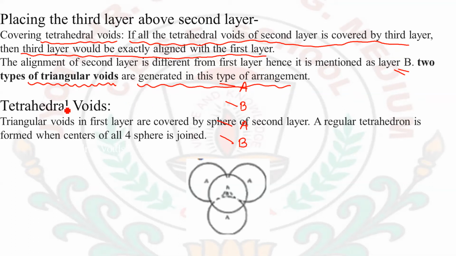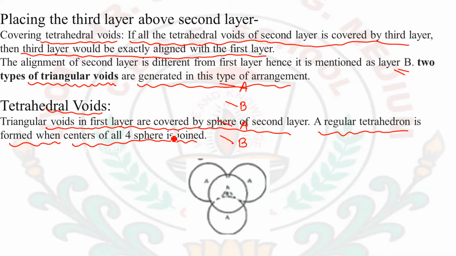One is the tetrahedral void. The triangular void in the first layer is covered by a sphere of the second layer. A regular tetrahedron is formed when the centers of all four spheres are joined. Here you can see that if I join the centers of all four spheres like this, then a regular tetrahedron is formed.